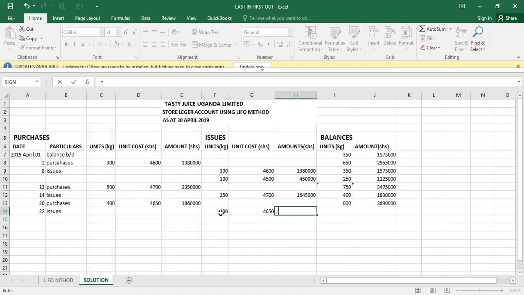Do this, multiply by this, cost, this minus this, then it will be this minus this.